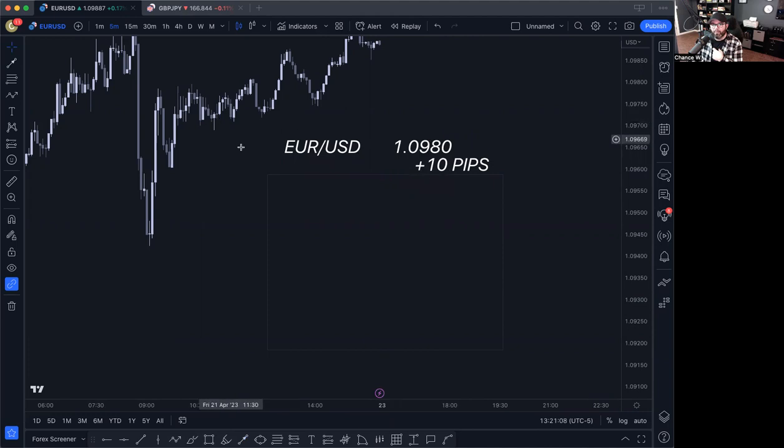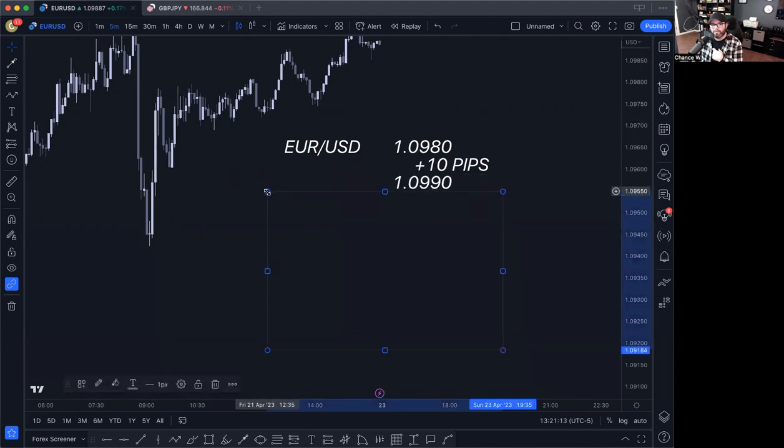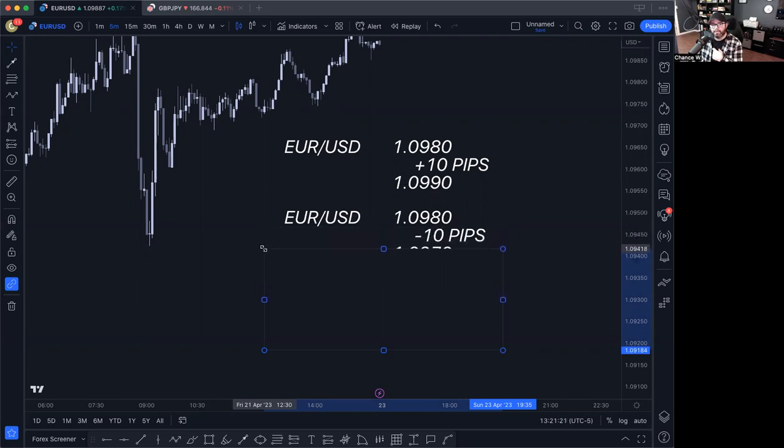Price is then going to become 1.0990. If price were to go down 10 pips from the 1.0980 example, price would then become 1.0970.